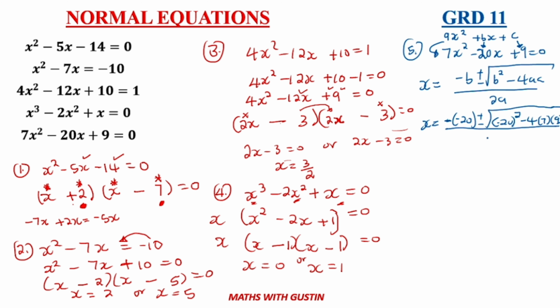Then you put everything in the square root over 2a. And a is equal to 7. Now I'm just going to write it here on a bigger scale so that it is visible.